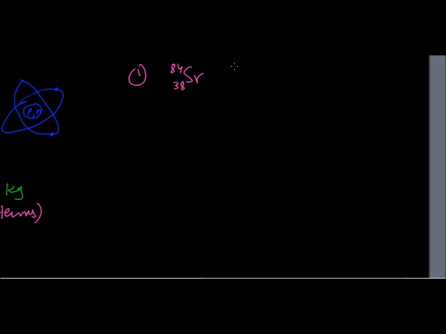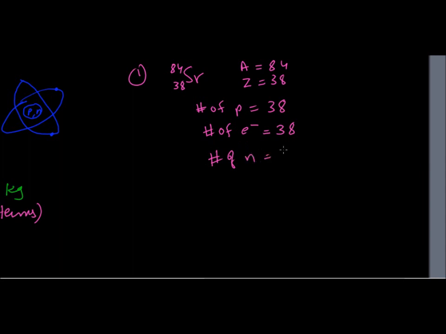Okay, so we know that the nucleon number A is 84 here, and the atomic number Z is 38. So the number of protons that strontium has in its nucleus has to be equal to the atomic number, which is 38. Okay, and the number of electrons: since strontium is a neutral species, the number of electrons has to equal number of protons, so you just have 38. And what about number of neutrons?